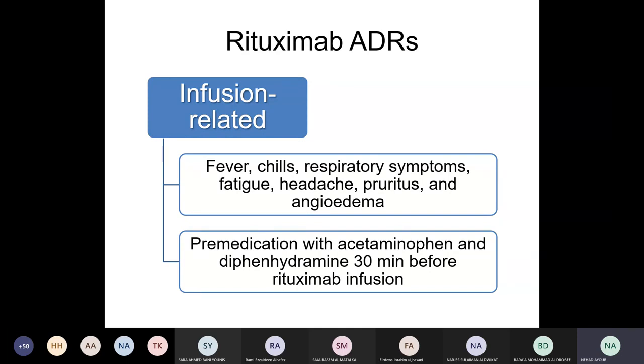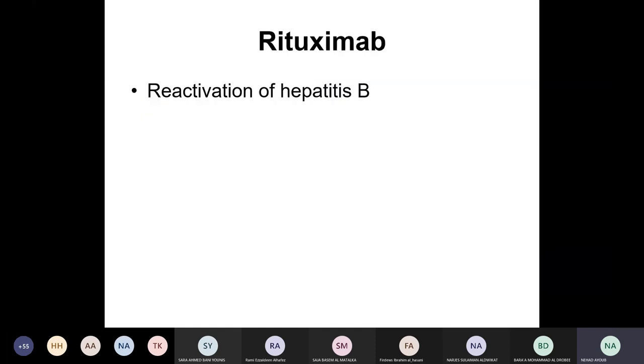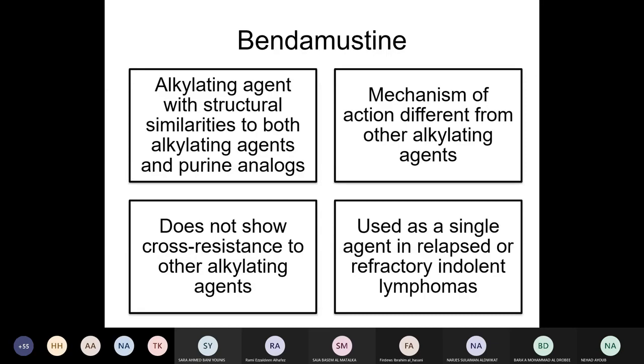Because if infusion related reactions happen, it is unlikely to be serious or cause anaphylaxis, but I may have fever, chills, pruritus, headache and so on. So we try to reduce the risk of infusion related reactions with rituximab.